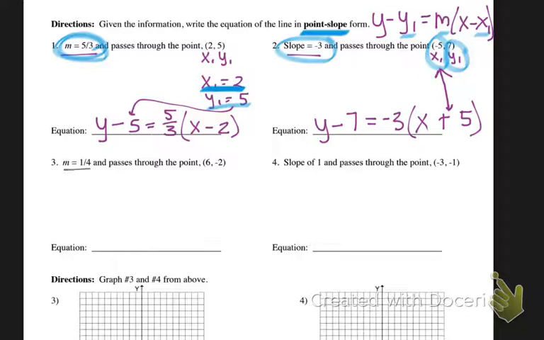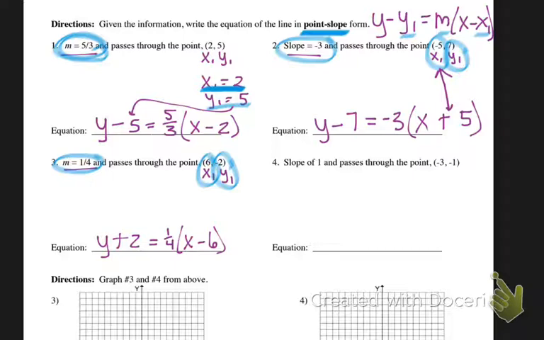Number 3, here's our slope, and then here's our point, so x1, y1. So we have y minus y1, which is negative 2, equals our slope, 1 over 4, parentheses x minus x1, which is 6. The only last thing we want to clean up a little bit is that minus negative, which is going to become a plus.